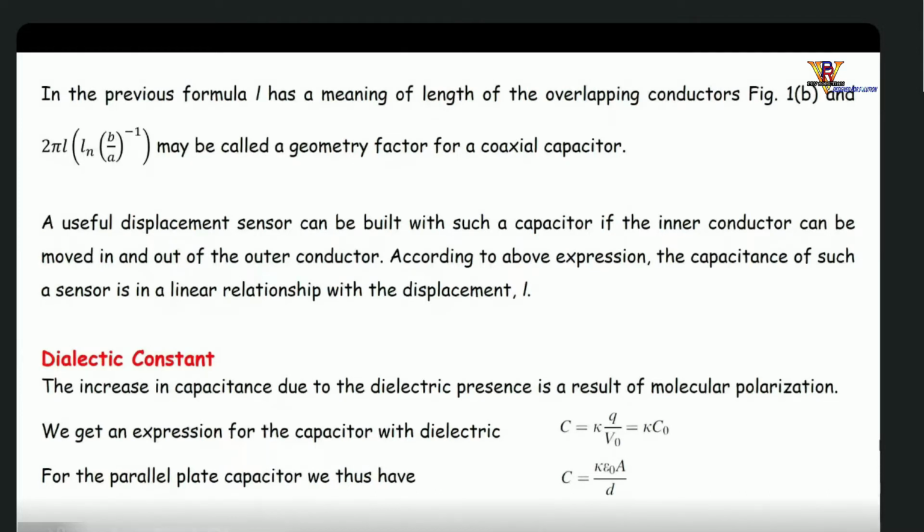A useful displacement sensor can be built with such a capacitor if the inner conductor can be moved in and out of the outer conductor. According to the above expression, the capacitance of such a sensor is in a linear relationship with the displacement.